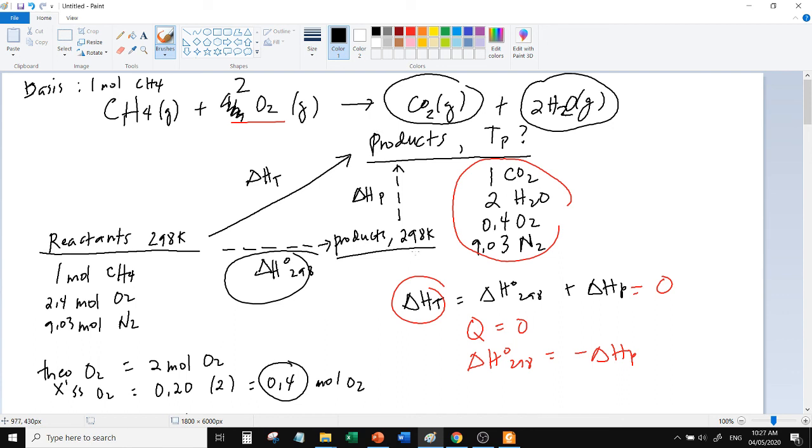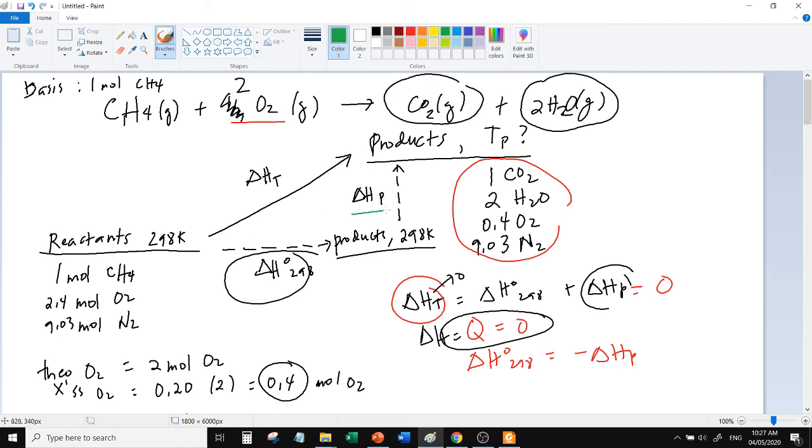Pero, pag sinabing adiabatic, Q equal to 0, so that means, if constant pressure, Q is equal to delta H, delta H equal to Q is equal to 0. So, this one is 0. Therefore, yung delta H at 298 natin, equal na siya sa negative ng delta HP na to. Okay, nakuha?